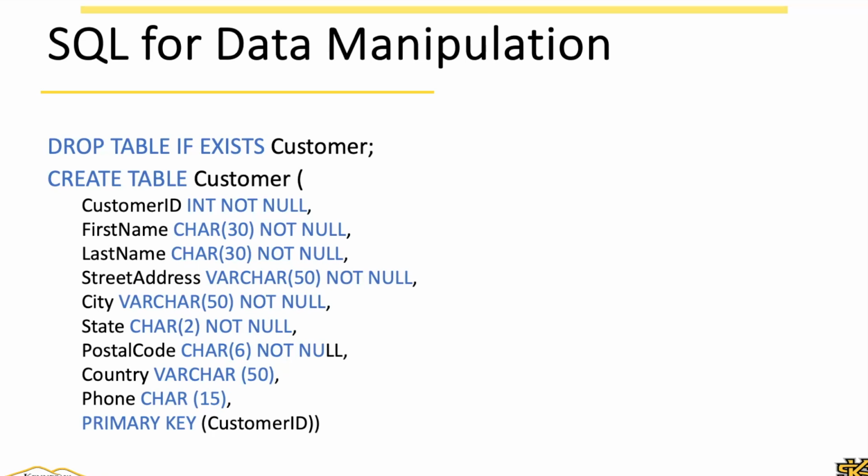Note that the value types like char and varchar are DBMS dependent, meaning that each database management system, or DBMS, may have its own specific value types. For instance, if you are working with SQL Server, you need to use the value types specific to SQL Server.